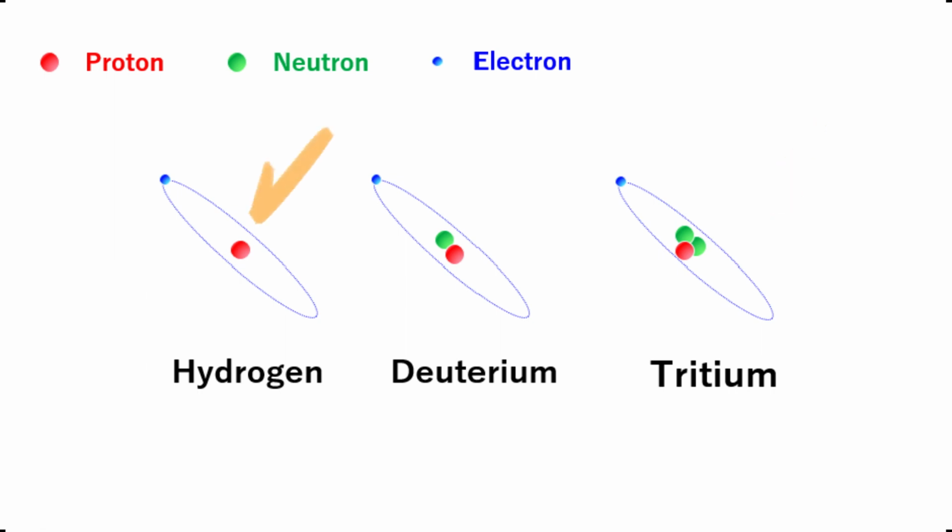With 1 proton and 0 neutrons is called hydrogen as it is. Hydrogen with 1 proton and 1 neutron is called deuterium. And hydrogen with 1 proton and 2 neutrons is called tritium. All these atoms are classified as hydrogen.